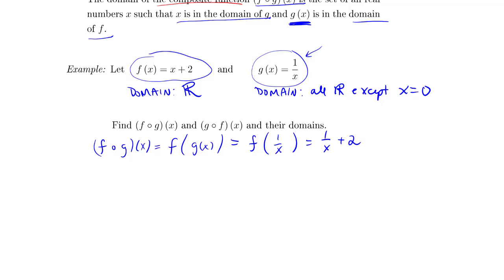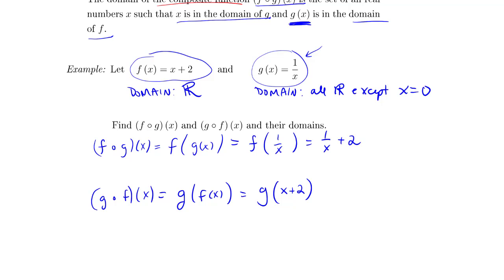Okay, then let's look at what you would get from g of f of x. Well, that means I'm going to be doing g to whatever comes out of f of x. But what comes out of f of x is x plus 2.